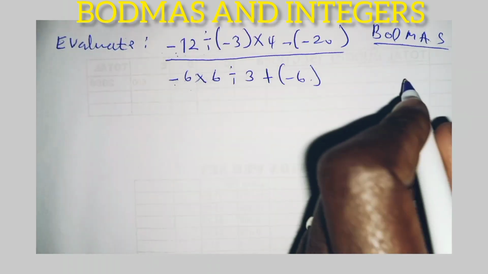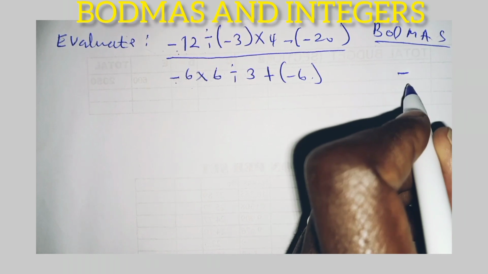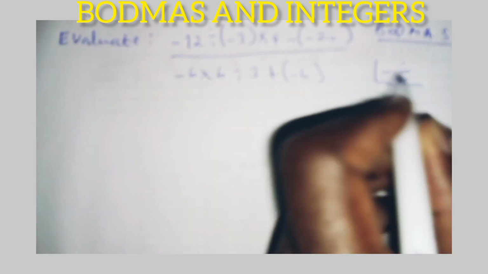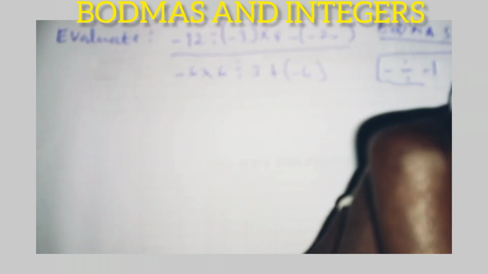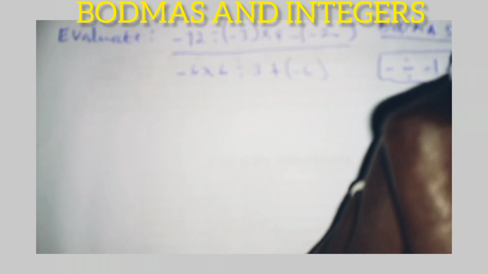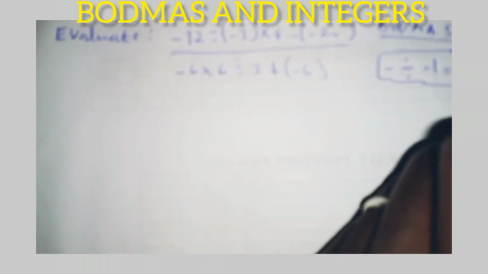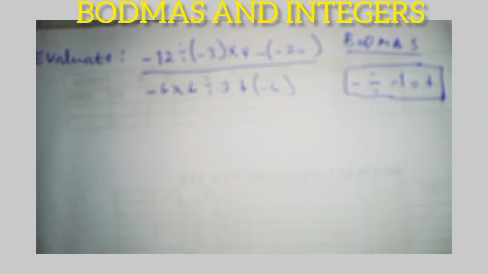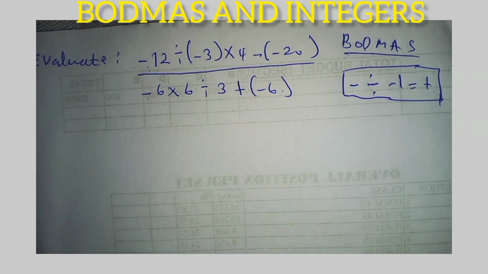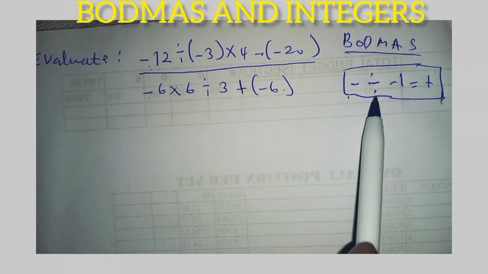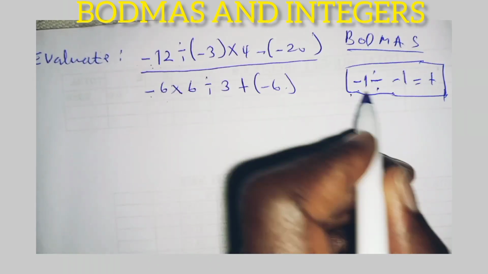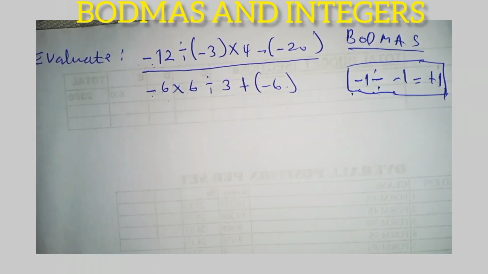Now, note that when you have a negative number divided by a negative, the result is positive. So you shall make use of this law of indices, which tells you that when you have a negative divided by a negative, the result is, for example, negative 1 divided by negative 1, the result is positive 1.